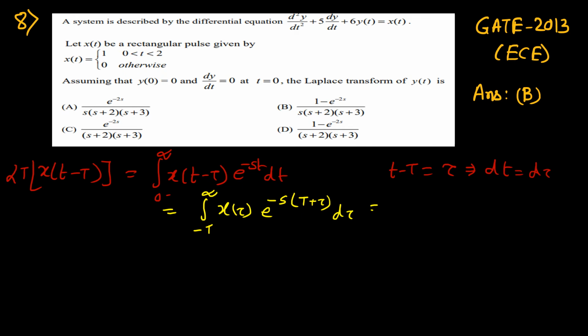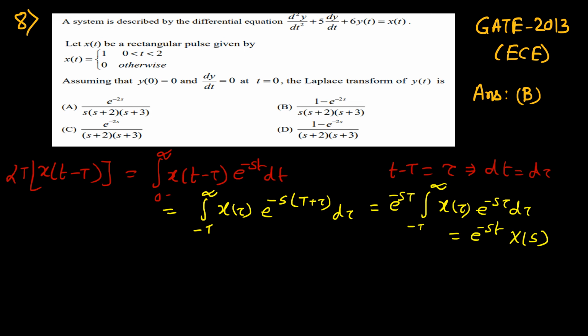so now what you can do, this is e to the power minus st, it's outside, and this is x of tau, e to the power minus s tau d tau, it's infinity, so we don't put our limit. So if I go for double sided, then it's the entire integral minus infinity to plus infinity. So in that case, it will be e to the power minus st, and this is your capital X of s.